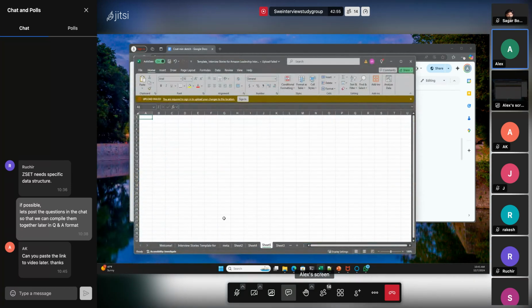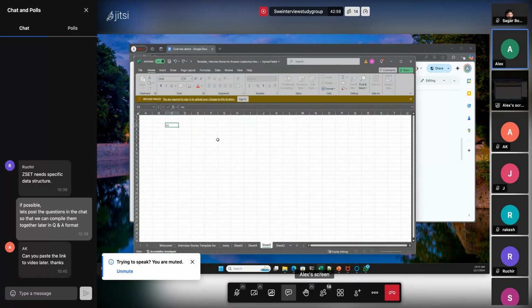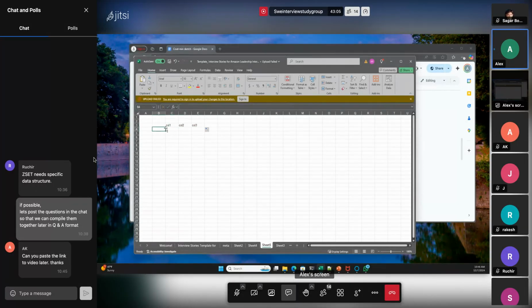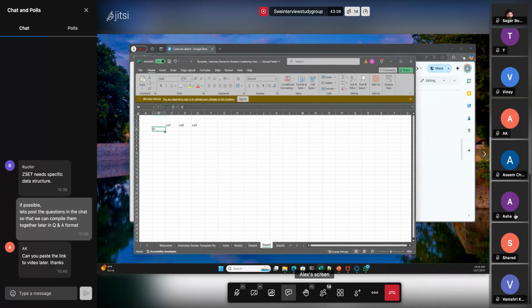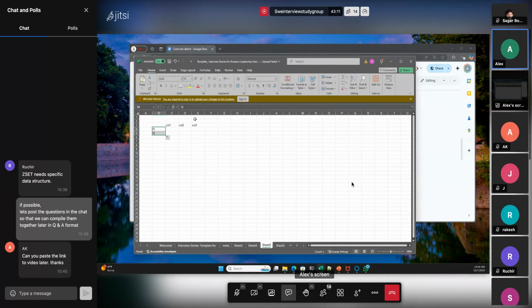So we have here column 1 through column n, which will be 3 in our case, and function 1 through function n, which will be 2 in our case. So these are different hash functions. We have two of them.